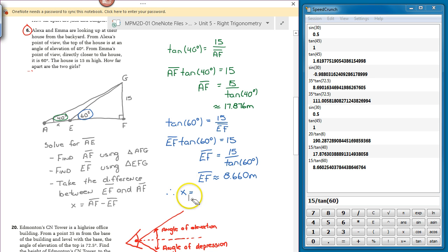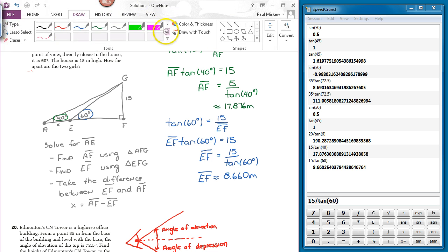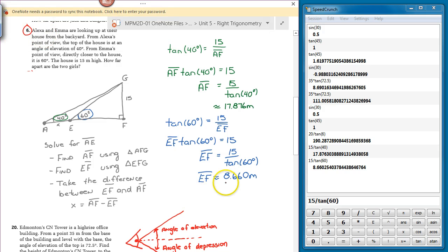So therefore, X is going to, let's change color again. So let's do this next one and let's use pink. So X, and again, I could have equally put here AE for X. X is going to equal AF, which is 17.876, minus EF, which is 8.66.